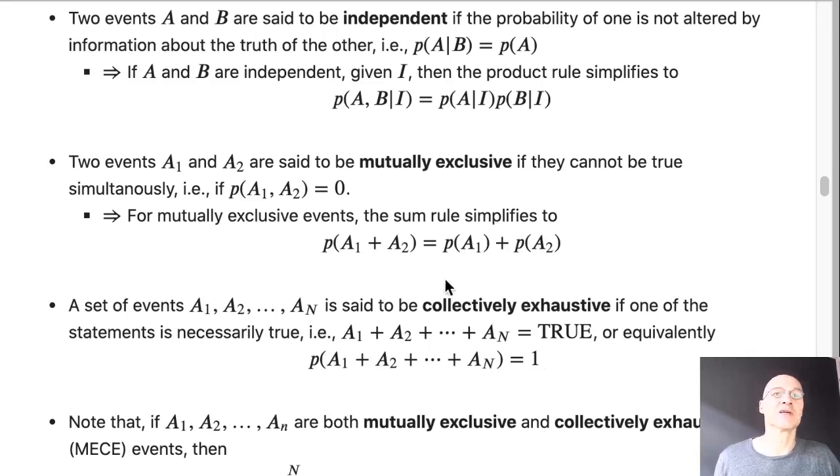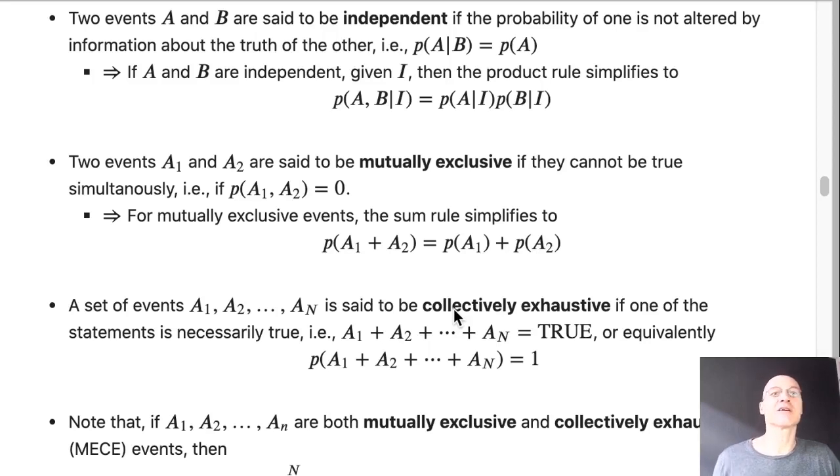So these are special cases that happen a lot, and so we give some labels to them: independency, mutually exclusive events, and collectively exhaustive events.